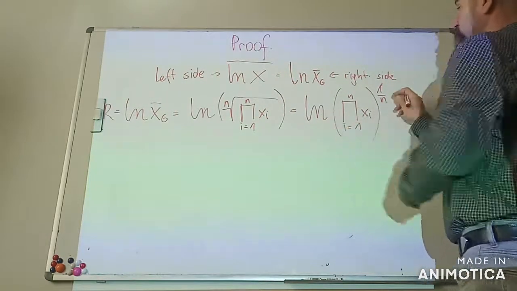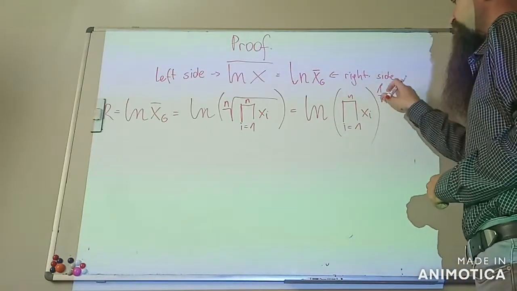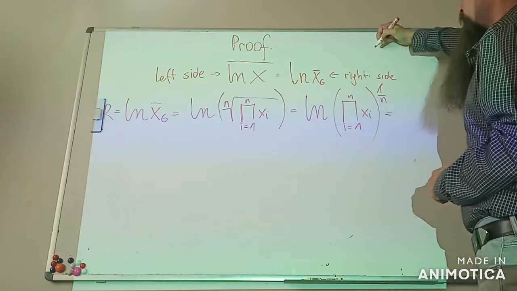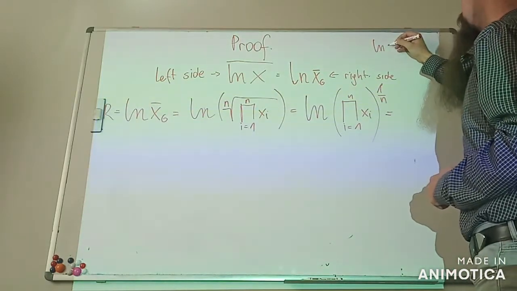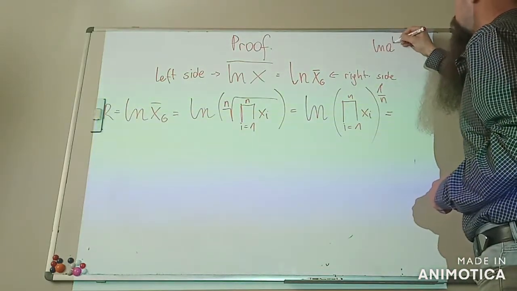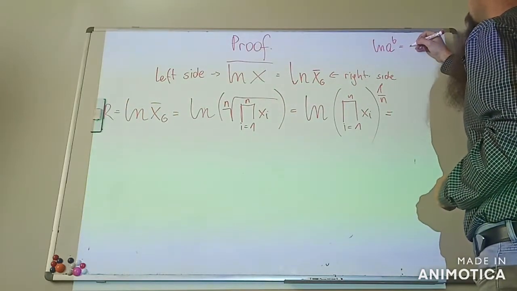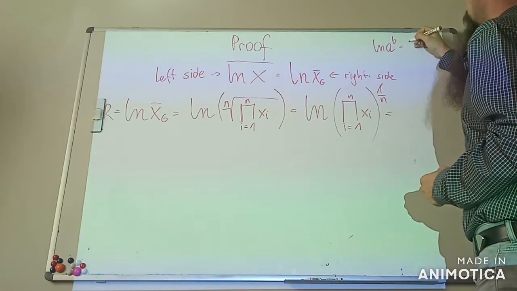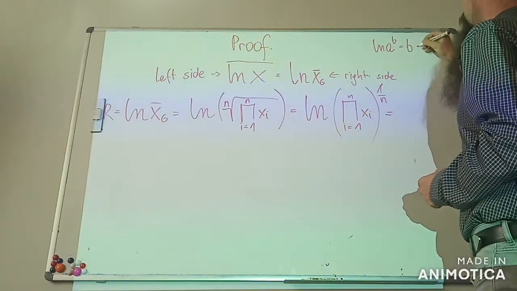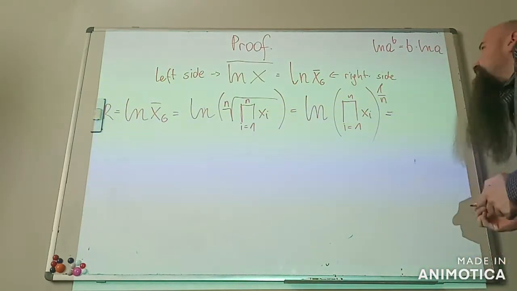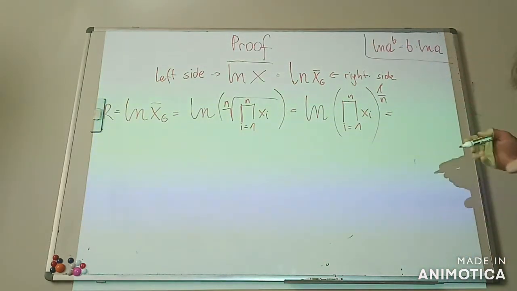This is a logarithm, so I can move the exponent before the logarithm. A well-known feature: the logarithm of a to the power of b can be written as b multiplied by the logarithm of a. A very simple feature known from high school.